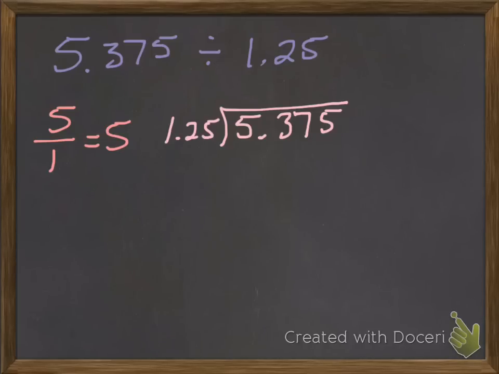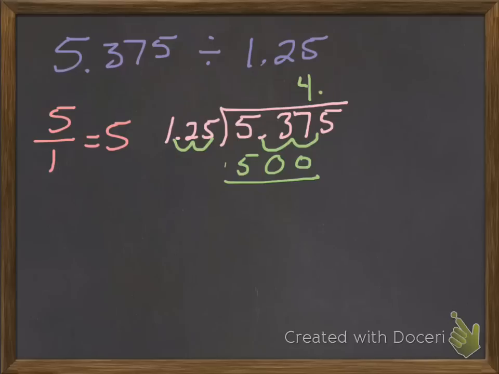So if you remember, if I'm dividing by a decimal, so if I have a decimal on the outside, I have to move my decimal to make a whole number. So if I move my decimal twice on the outside, I have to move my decimal twice on the inside. So therefore, bringing my new decimal place to between the 7 and the 5. 125 can go into 537 4 times, and then that's going to give me 500.